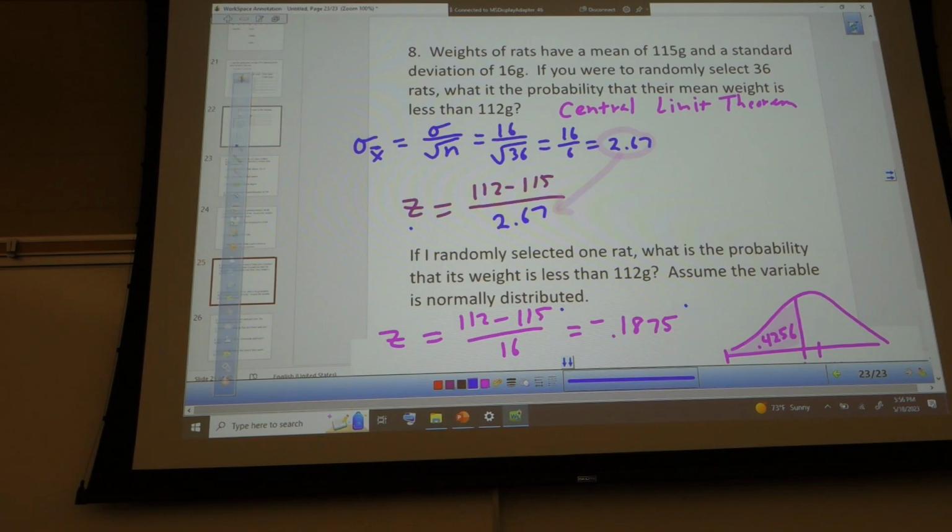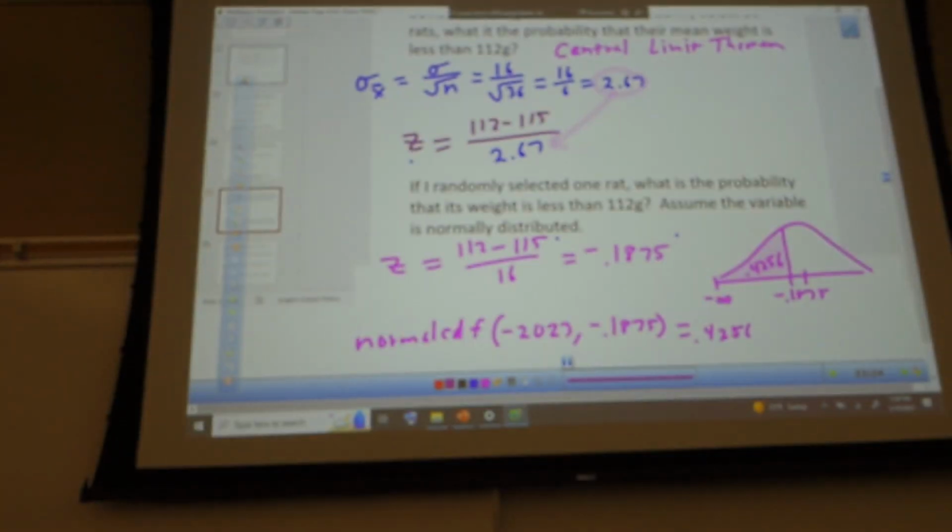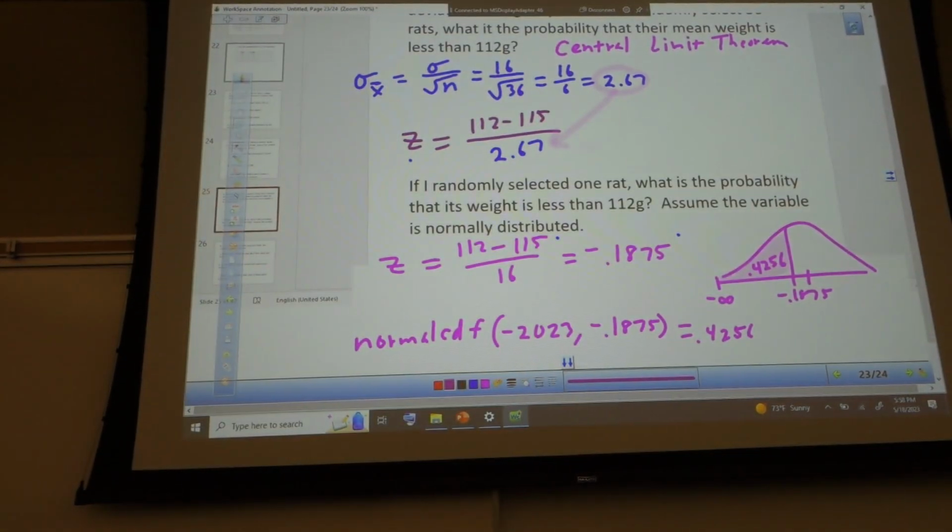That's going to give me a much different standard deviation. So everybody find that one. Find the probability. Okay, let's see where we're at with this. What did folks get for this z-score? Negative 1.12. Yeah.